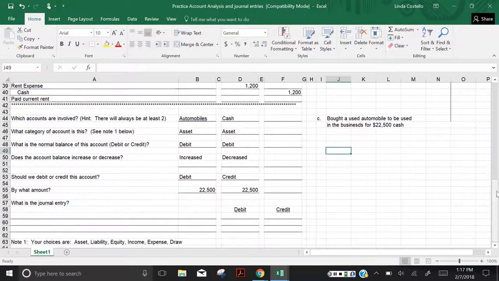I'll give you a moment to go ahead and write it. Remember, write your debits first, followed by your credits, and make sure you indent the account title for the credit just a little bit.